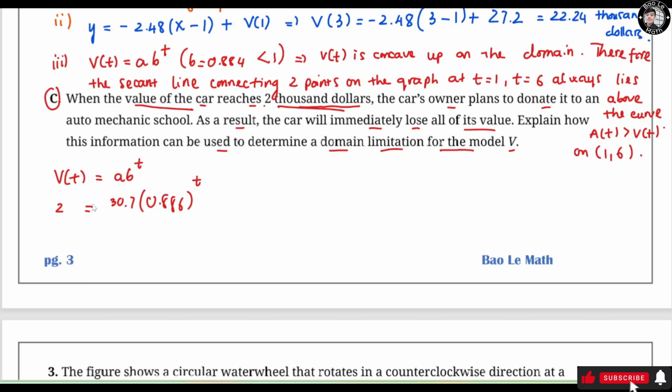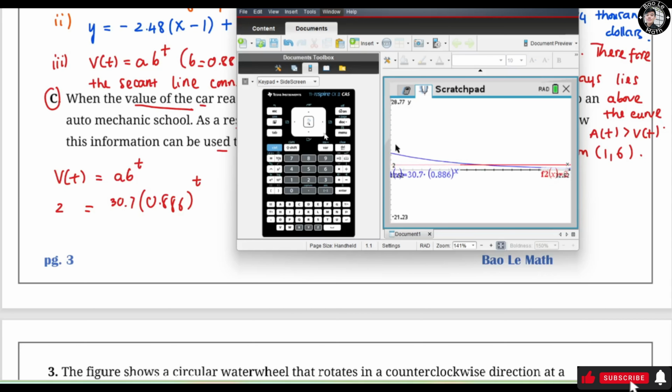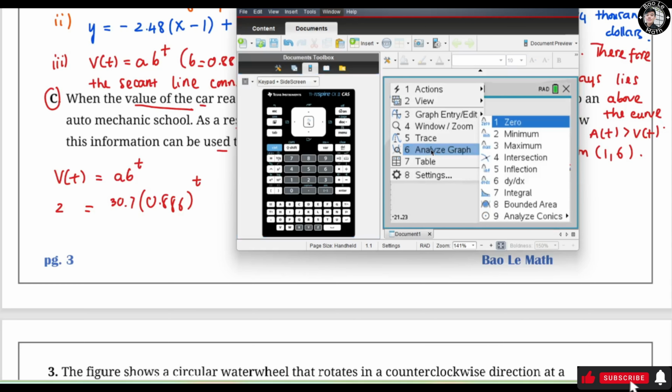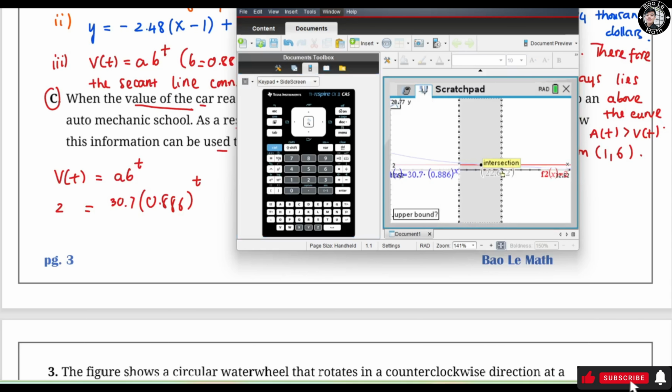Now we put this on the calculator to solve for t. Press menu, number 4, go to the left, go to the right. It's going to be 22.6.